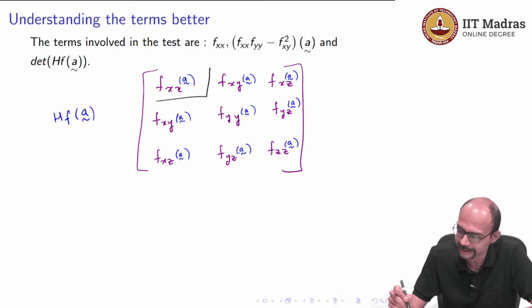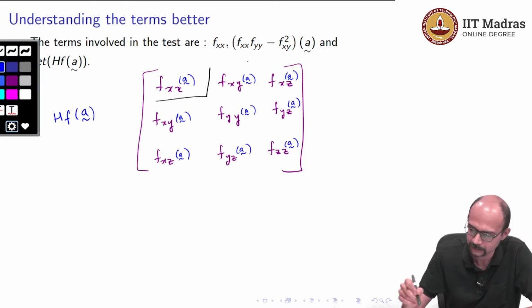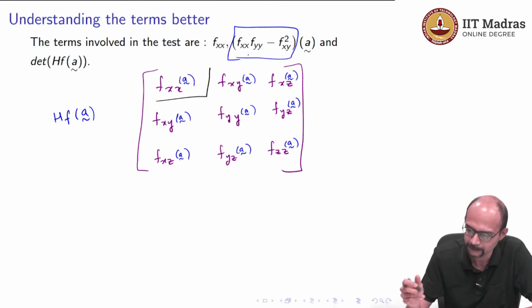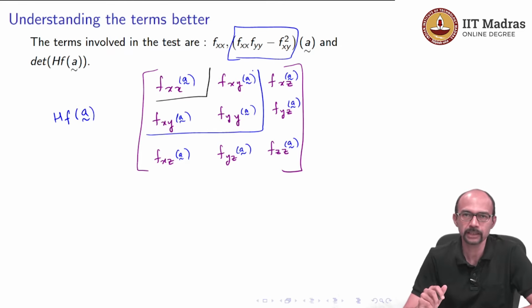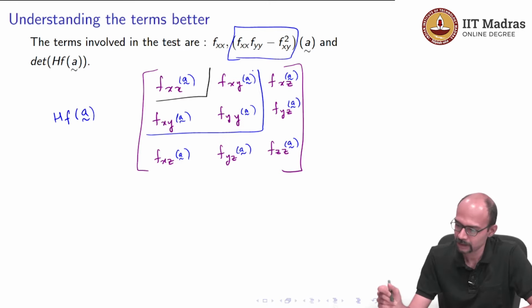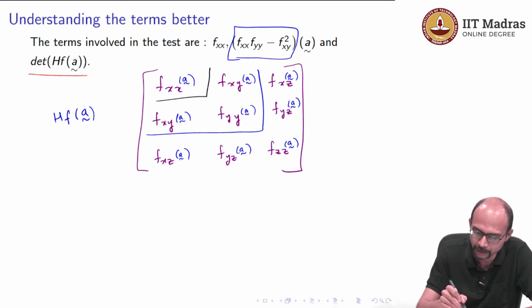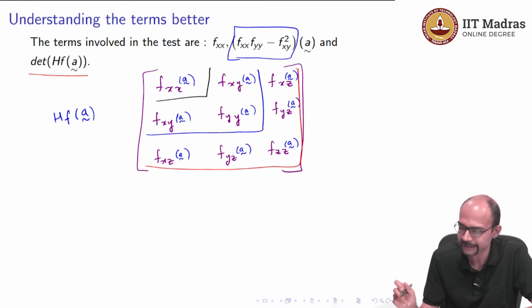Okay. This second term here corresponds to the determinant of the 2 by 2 matrix in the top left corner, and the third term, which is the determinant of HF of A tilde, corresponds to the determinant of the entire matrix.